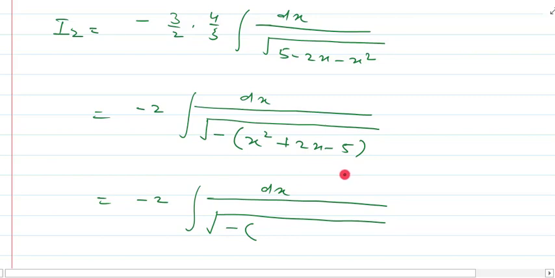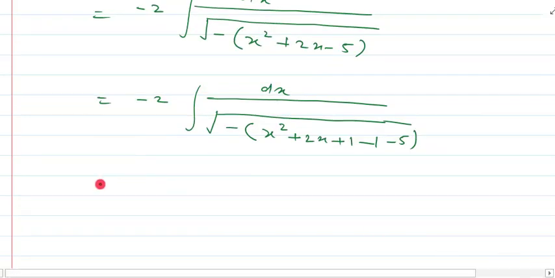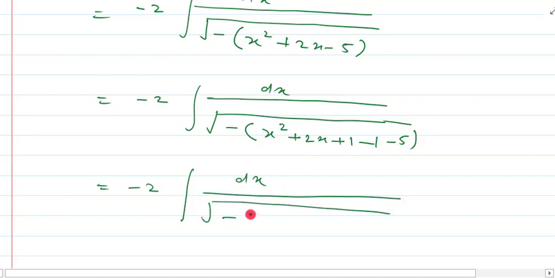again the completing the square method. You are a master now in the completing the square method. You will do it faster than me, I know that. Plus 2x plus 1 minus 1 minus 5. Then what to do now, you know very well, try it yourself, you can do it faster than me. Square root of minus, this is simply x plus 1 whole square and this is simply minus 6.